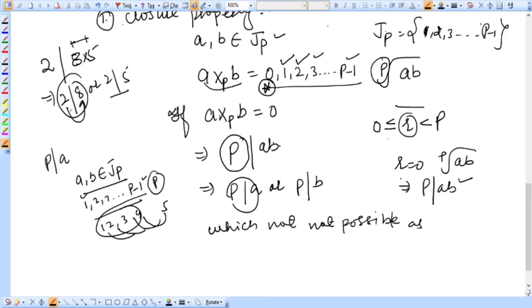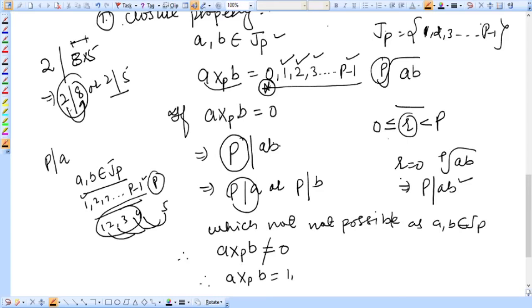Okay, so we can write it here. So it is not possible that p can divide a and b properly, because a and b are smaller than p.